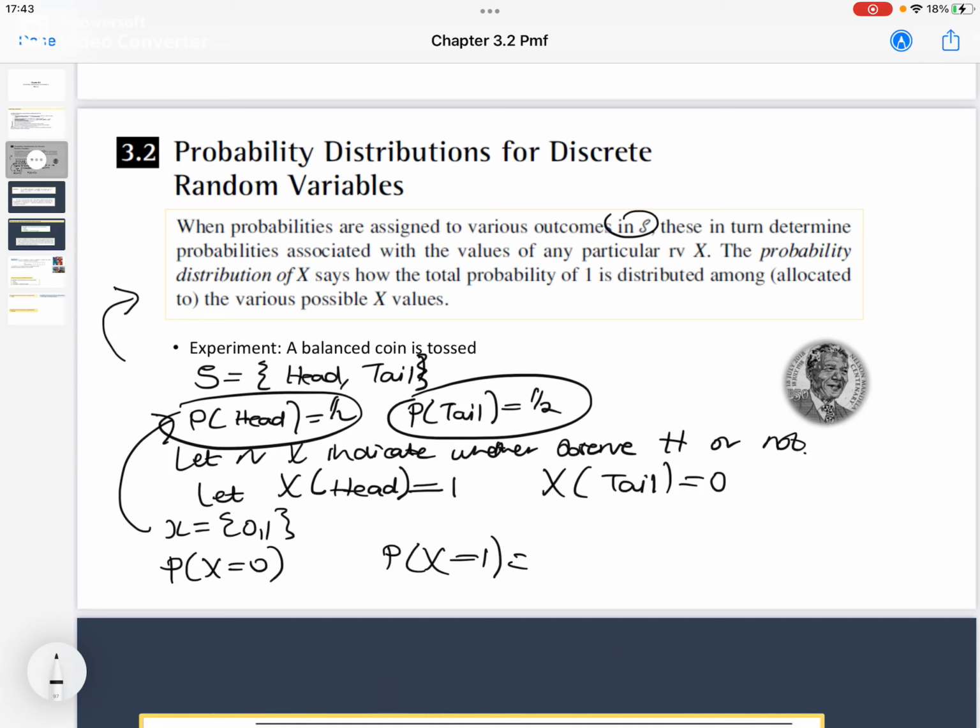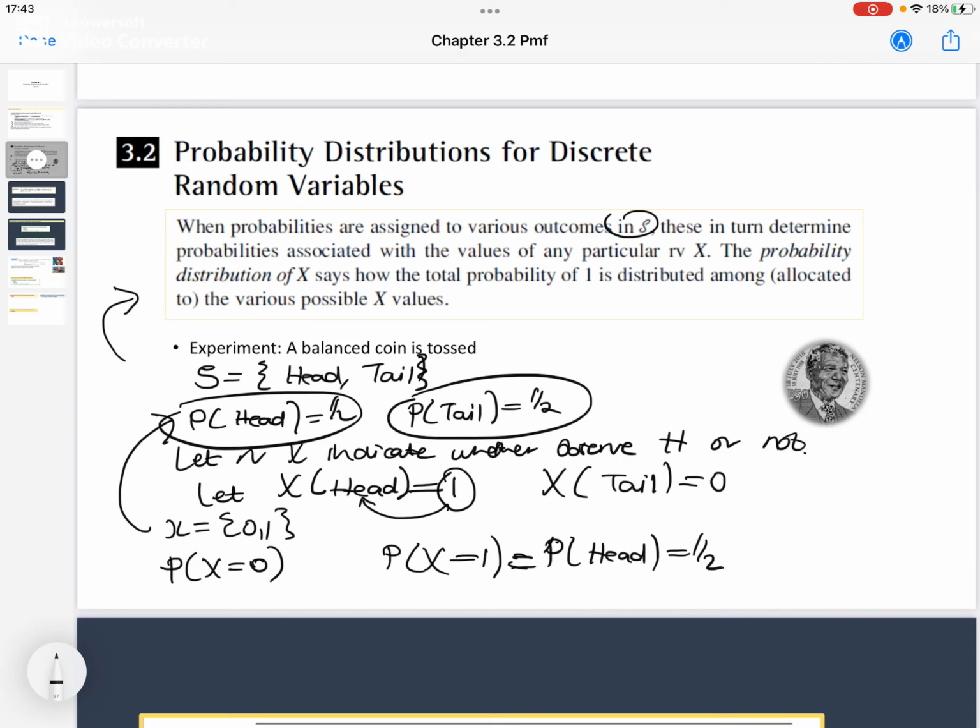Alright, so this paragraph says that the probabilities of the specific outcomes in your sample space are associated with the probabilities of observing possible values of our random variable x. Since a numerical value of 1 indicates the outcome of head, the probability that x is equal to 1 is the same as the probability of observing a head, which is a half.